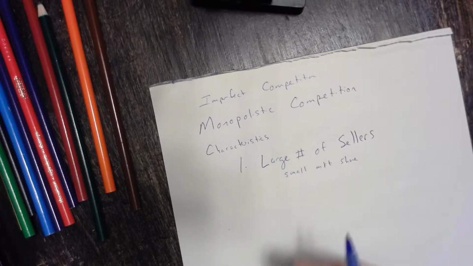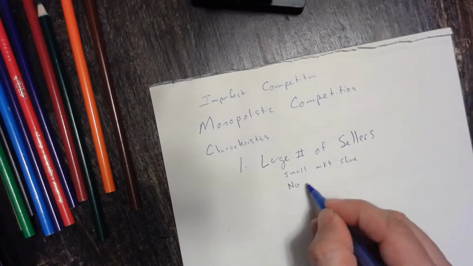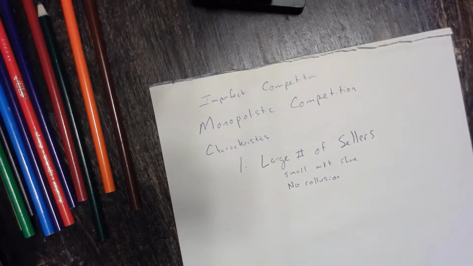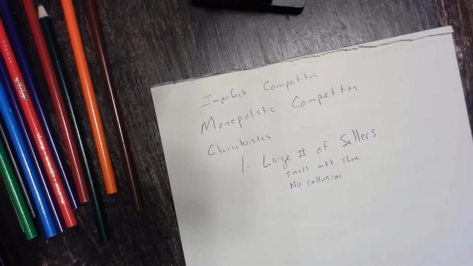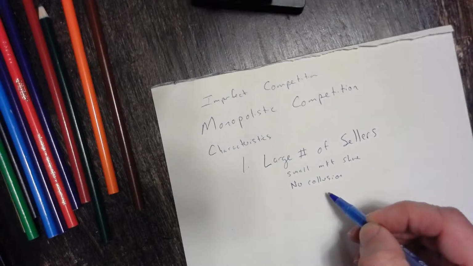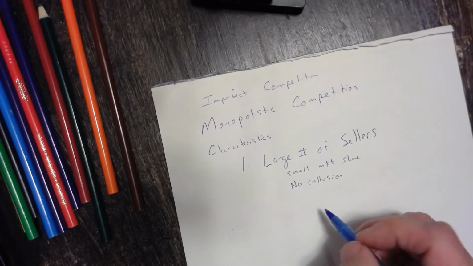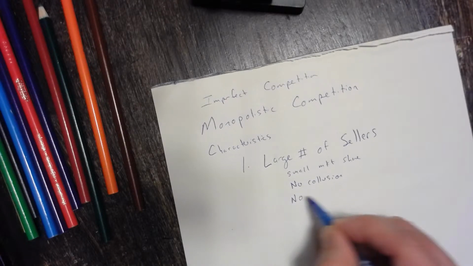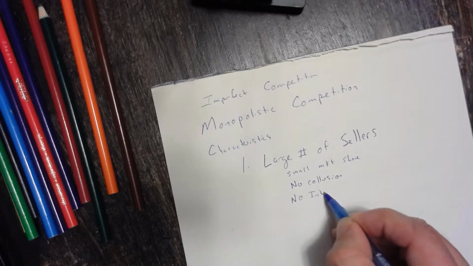There's no collusion. I don't know if you guys have done what collusion is yet, but this is where two sides work together to prevent something from happening. This is what Colin Kaepernick sued the NFL over, that they colluded to prevent him from getting on a team. And finally, there is no interdependence.